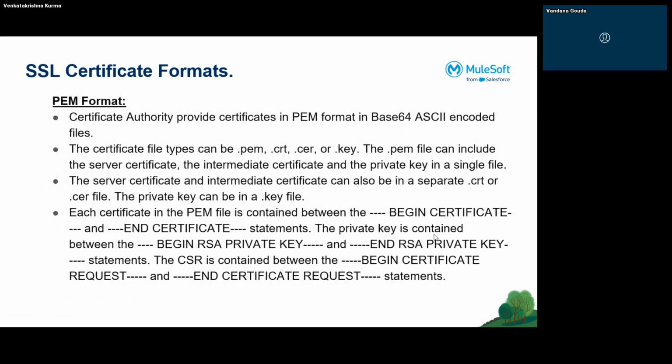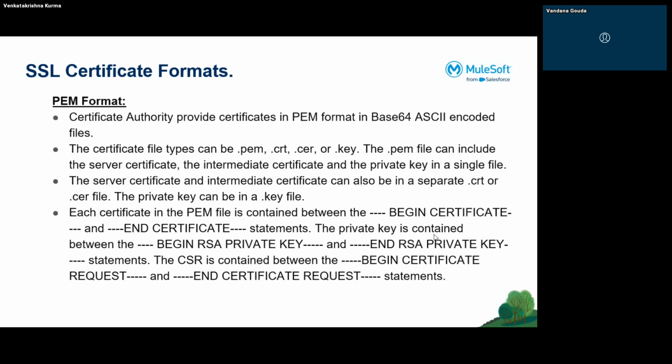That is our main agenda in this certificate conversion. I need to upload that certificate in our MuleSoft environment. The server certificate and intermediate certificate are also separate CRT or .cer files.